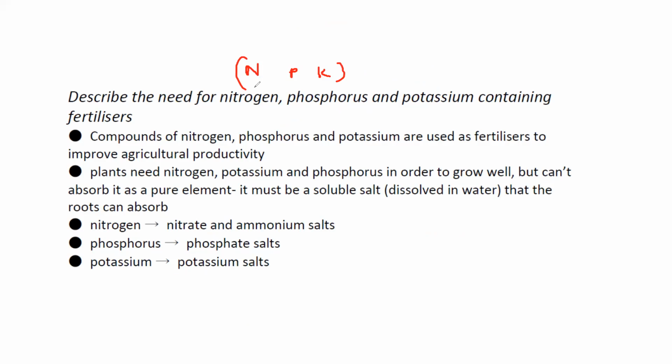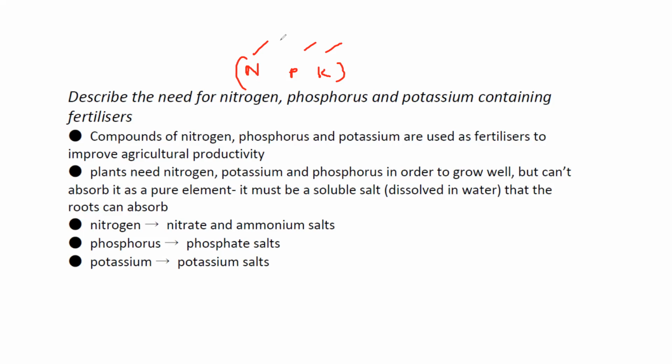Any compound which can provide nitrogen, phosphorus and potassium, and is water soluble, like it can dissolve in water, because the plants cannot absorb a solid, it should be in aqueous or solution form. So compounds which can provide these essential nutrients such as nitrogen, phosphorus and potassium, we call them fertilizers.